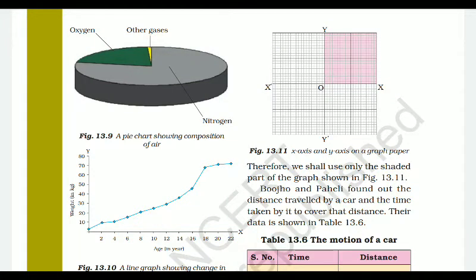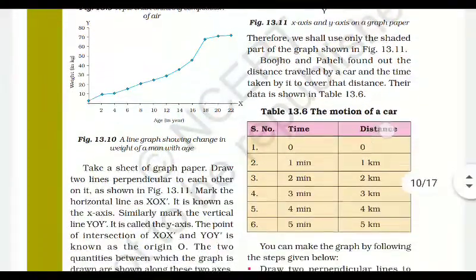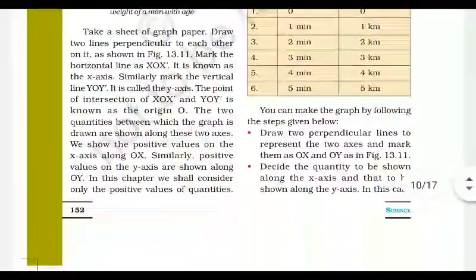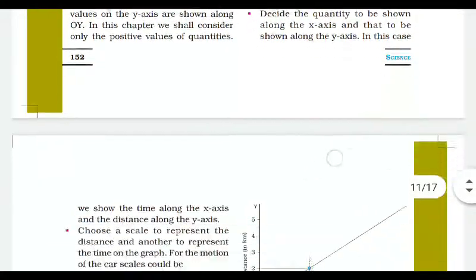Boojho and Paheli found out the distance traveled by the car and the time taken to cover that distance. The data is shown in the table. Now you can make the graph by following the steps given below. Draw perpendicular lines to represent the two axes, then decide the quantity to be shown on the x-axis and y-axis.